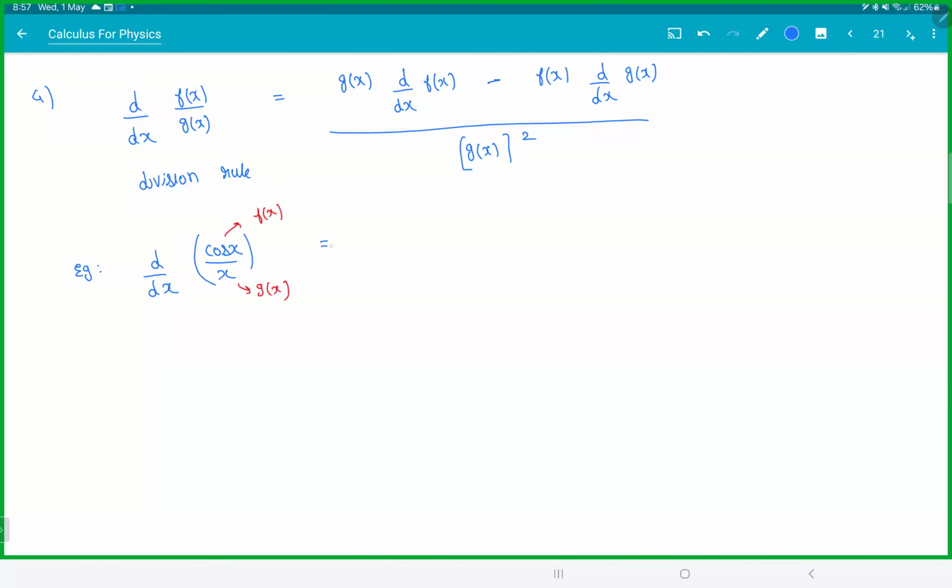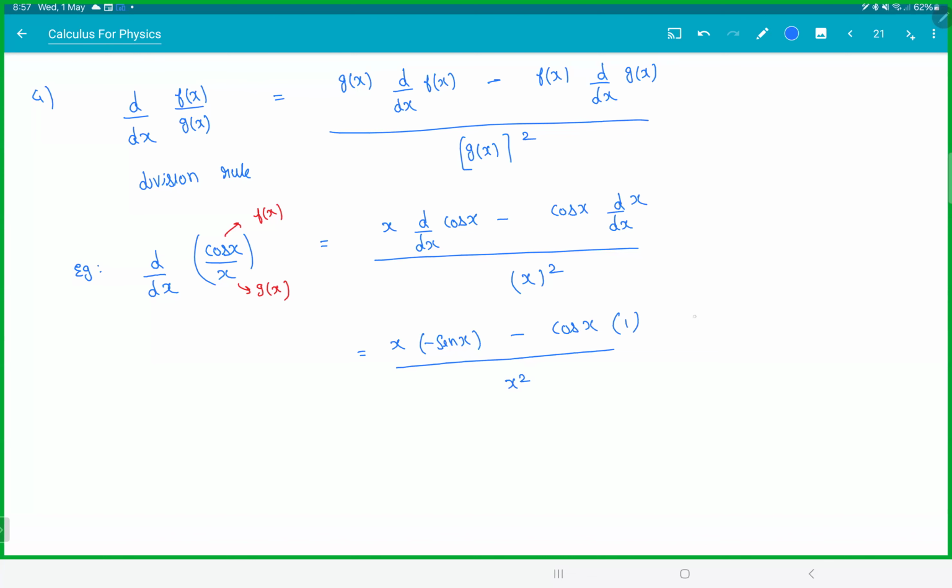If you substitute this in the formula, so g of x is x, differential of cos x minus, cos's differential is minus sin x, dx by dx is 1. Check.